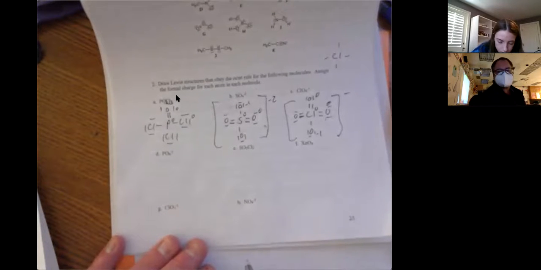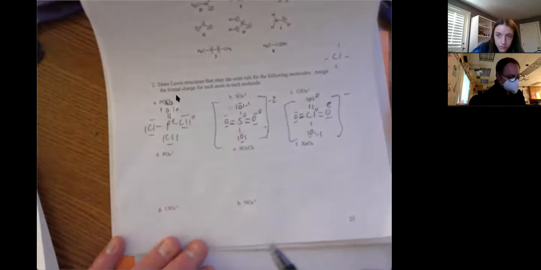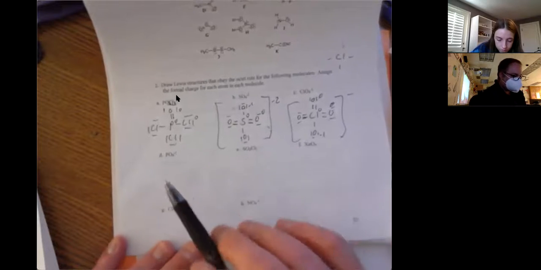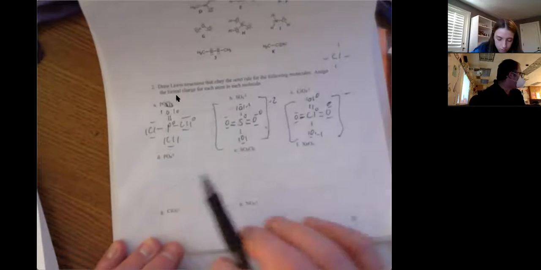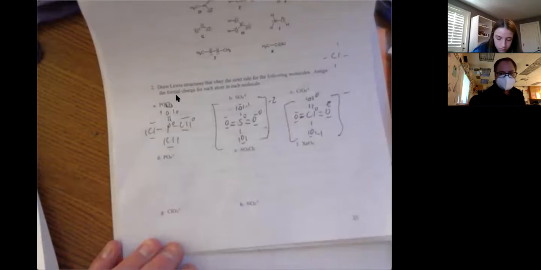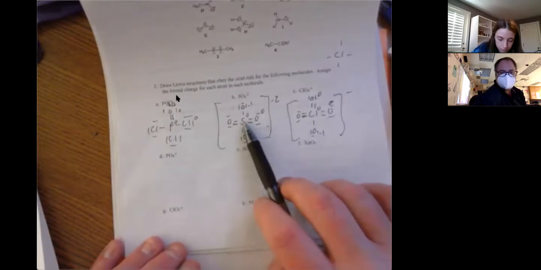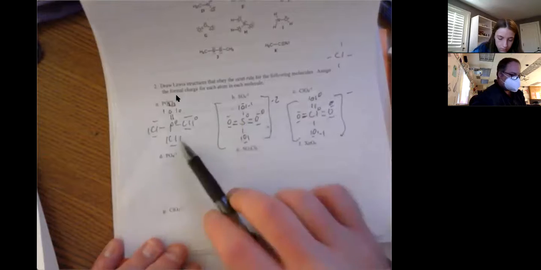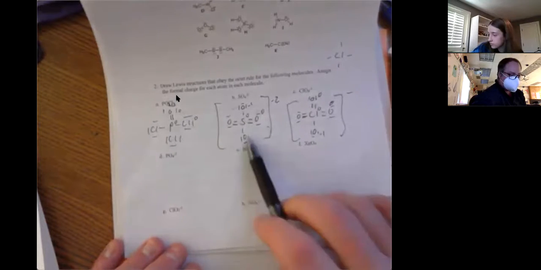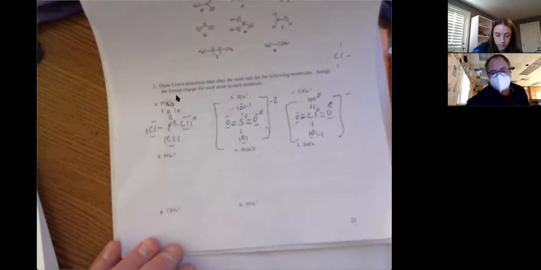That's the advanced lesson. But if you can't do that, at least be able to draw these and assign the formal charges to each of the atoms. If you can figure out the correct way that they should be drawn without looking at the internet, I don't care if you tell me the formal charge or not.